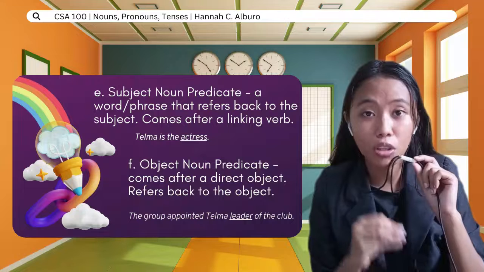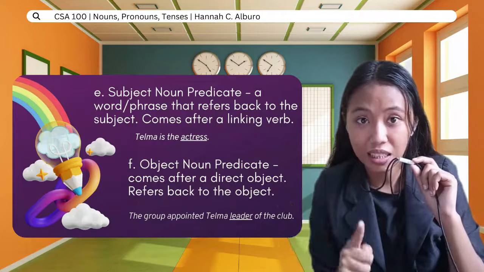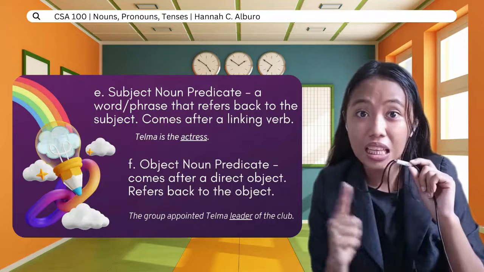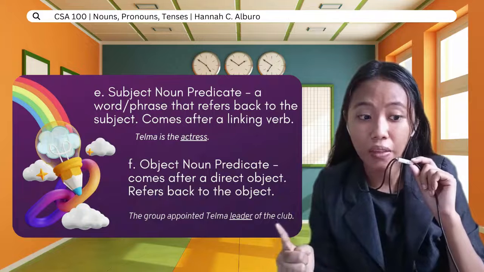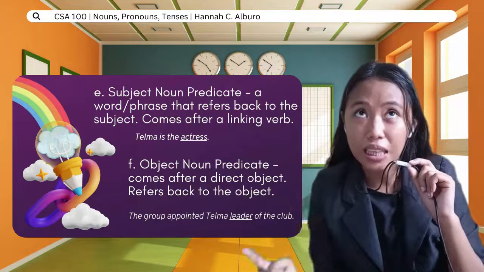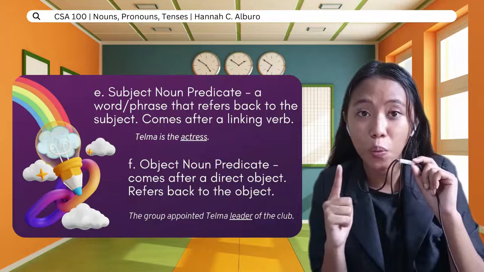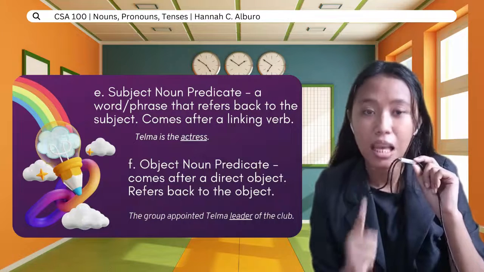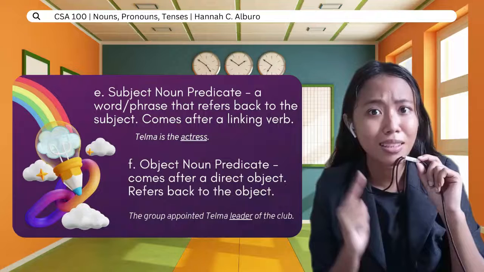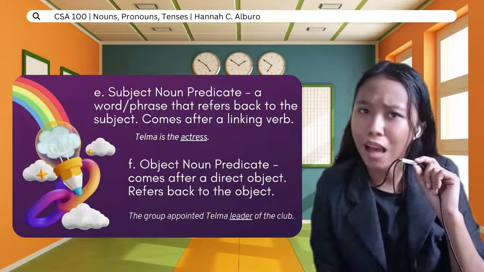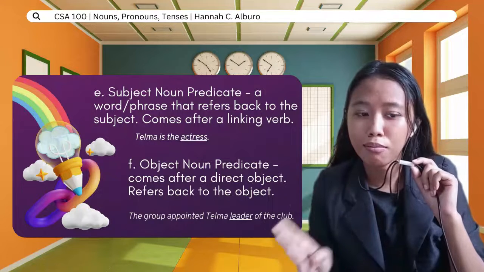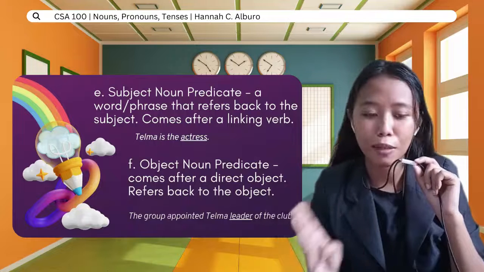It is because the word actress refers back to Telma, no? The word actress and Telma are linked together with the use of the linking verb is. Therefore, who is the actress? Telma. Telma is what? The actress, no? It reflects back to the subject.